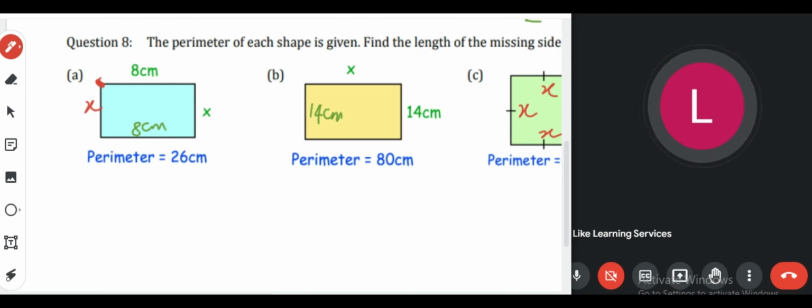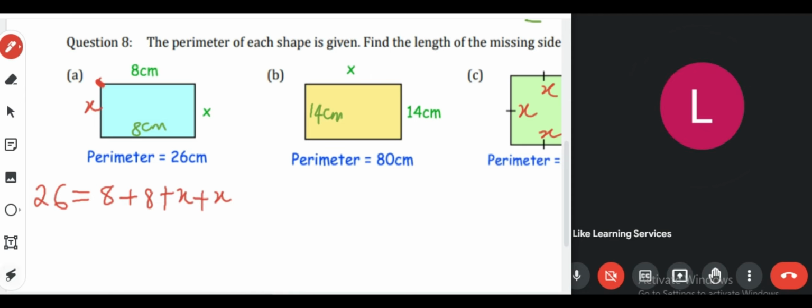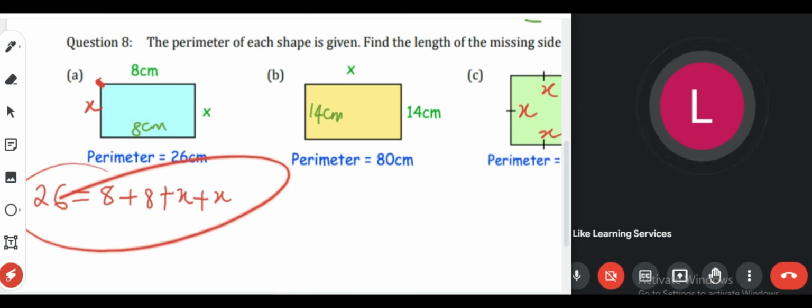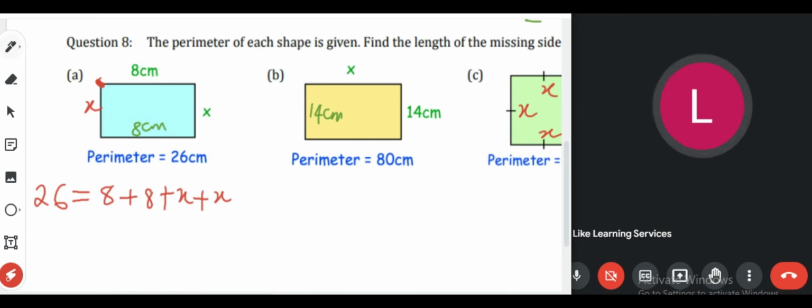So this perimeter, which is 26, is equal to, add up all the sides, 8 plus 8 plus x plus x. If we add up all the sides, we get the perimeter 26. So that gives 26 is equal to 16 plus 2x.